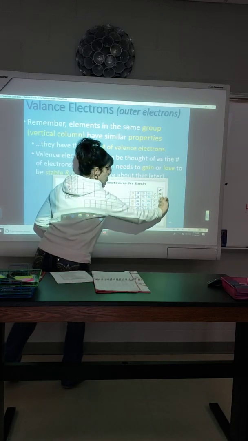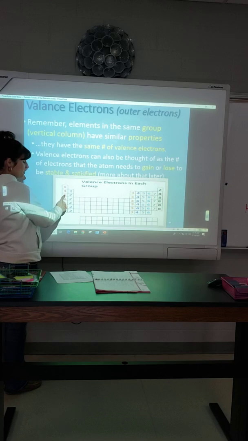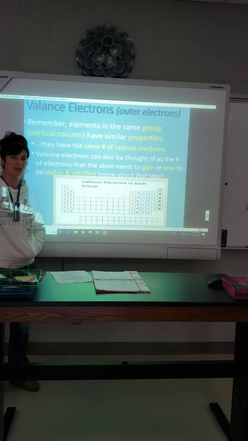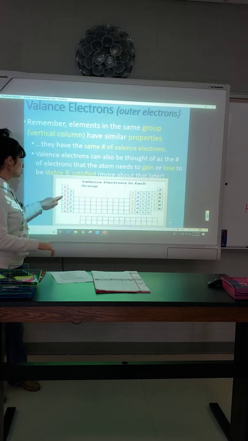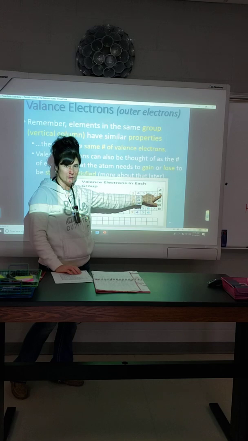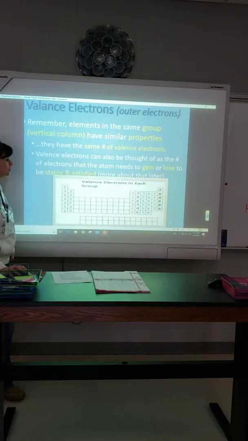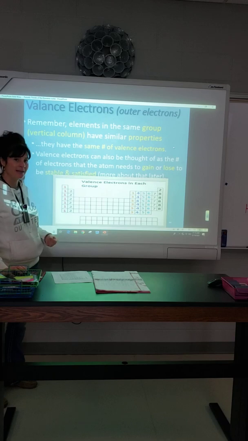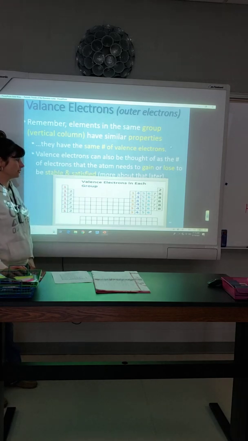Go across, drop down and come back. So if you're here and you only have 1 extra electron, if you could get rid of that extra electron, you would drop down and go back, and now you're full. All right, so we'll get into that quite a bit. So it's those valence electrons that tell us how many electrons they need to get rid of or how many they need to gain to get to their full energy level.